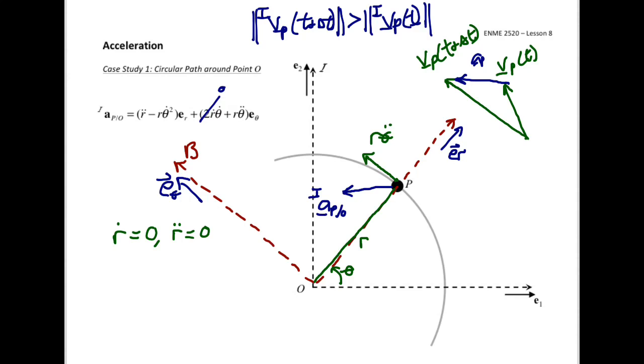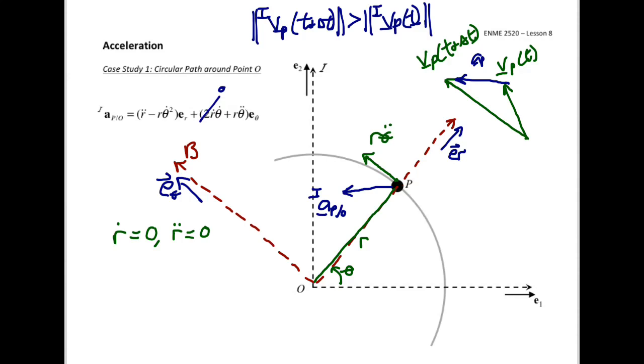And so likewise, if this weren't true, let's say this were opposite of each other, then the direction would be r theta double dot, but it would be decelerating and it would be pointing in the opposite direction.